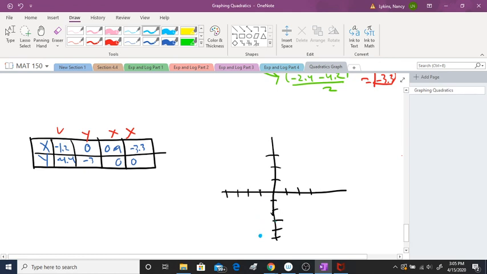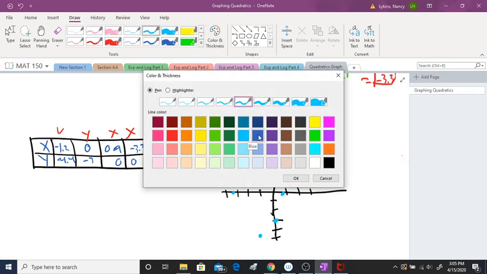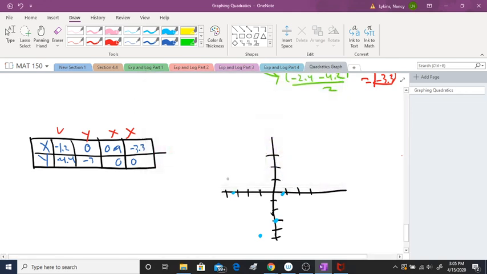Then 0, negative 3, and the x-intercepts at about negative 3.9, which is close to my 1, and negative 3.3, somewhere right in here. Since my a was 1 and positive, I know my parabola should look like this. And there you go.